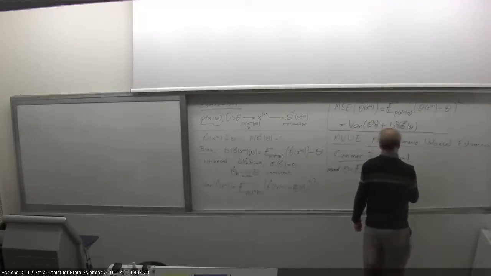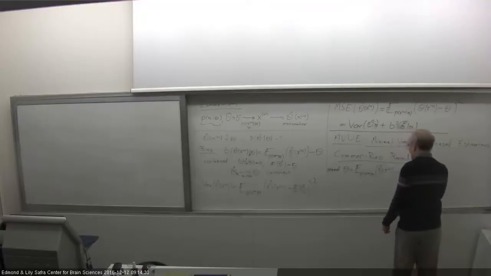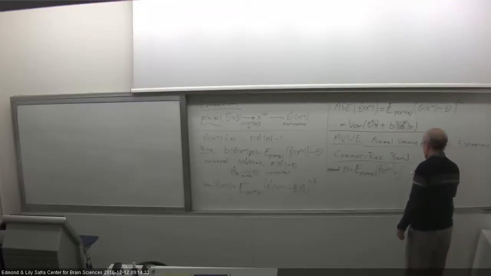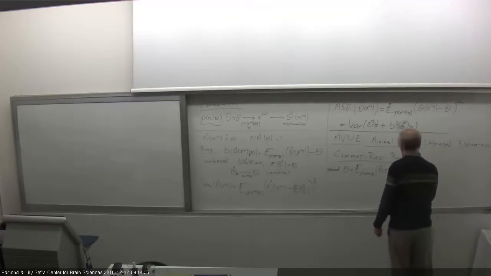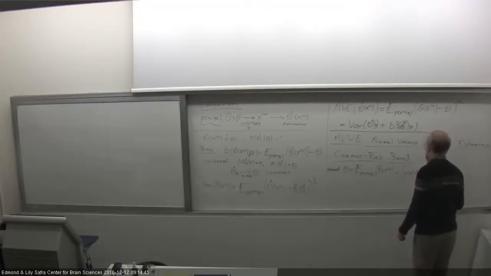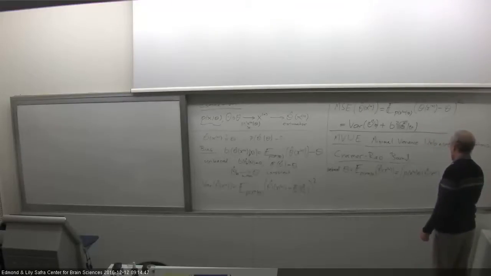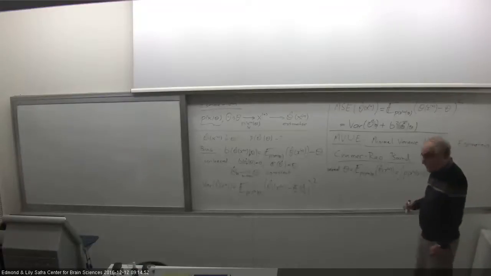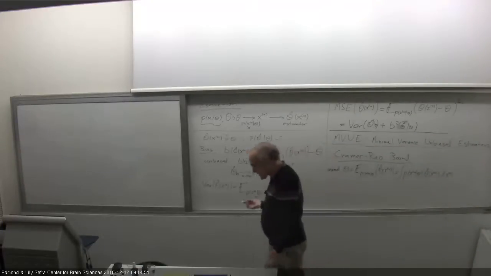But this is nothing more than the integral, if you think about the samples as real, over all possible samples of P(x_n). Of course, if the samples are not real, then it's a sum, but it doesn't matter.